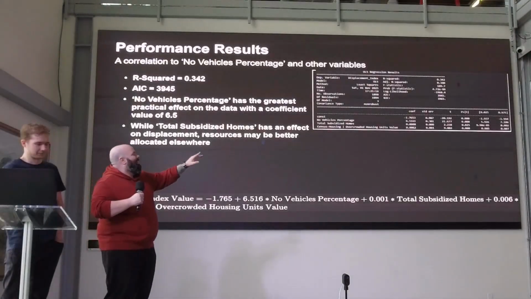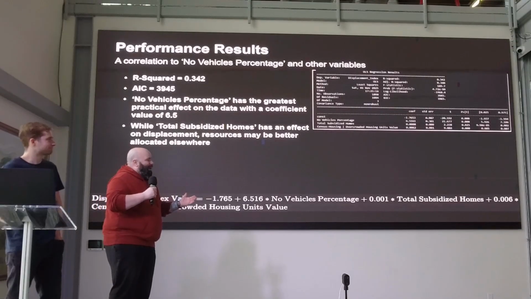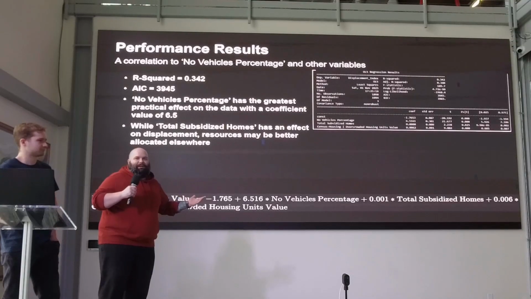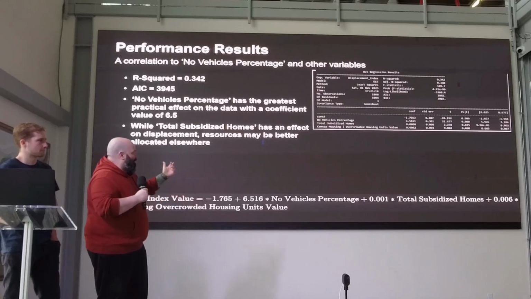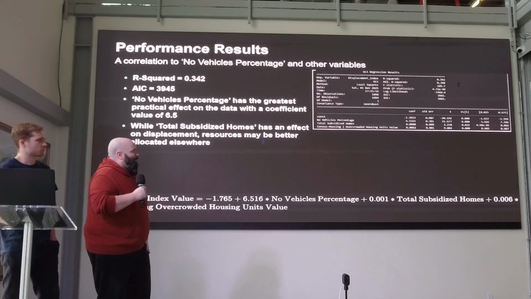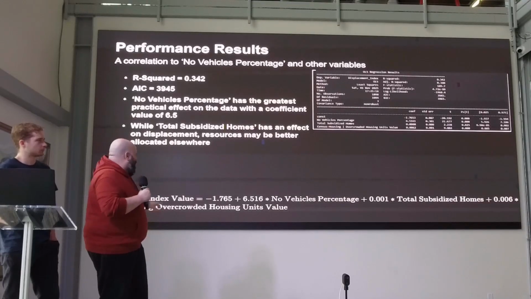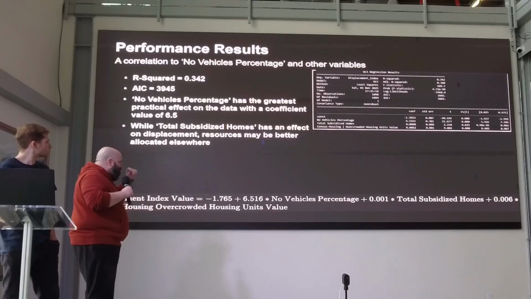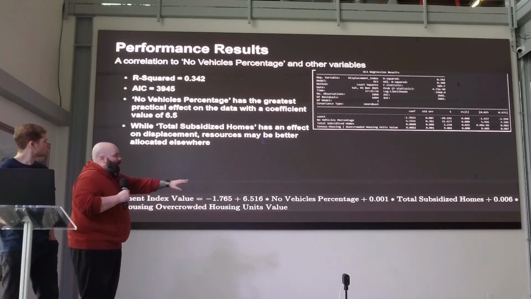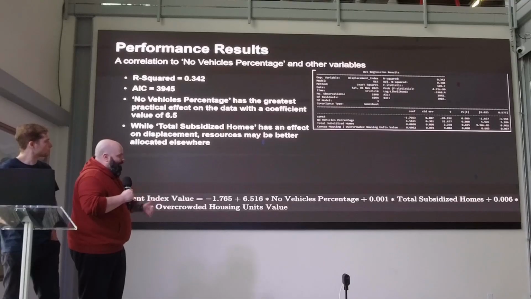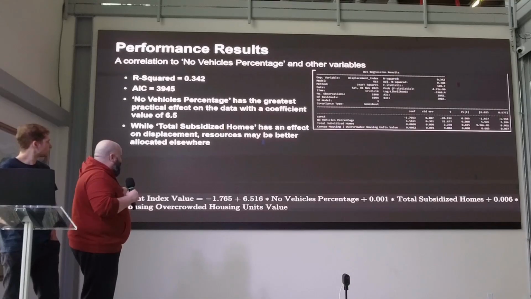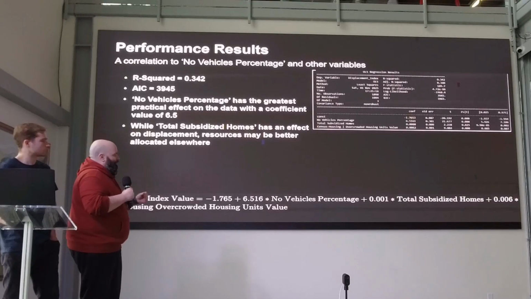Sorry, yeah. So not high, but at the same time, we only had 3 variables. We also dropped the other 2 out, and it dropped to about 0.26, which I feel is still pretty good for a single variable. But we left these in because of that. And we ended up with this equation at the bottom, where subsidized homes is a count, so you can literally just increment by homes. And the same thing with overcrowded housing units. For the percentage of no vehicles, you would have to put 0.01 for however many percent you wanted to raise it.